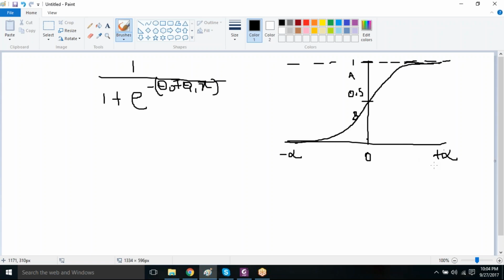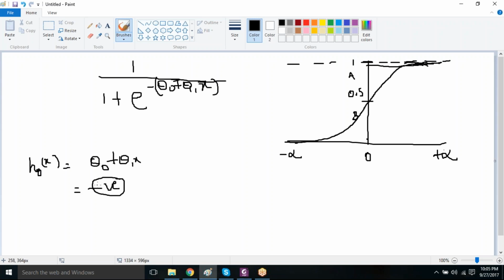Now I said if you have a very big positive number, on this graph it will lie somewhere here, so it will be equal to 1. I have also shown you mathematically how it comes to 1, right? Now just check for when your theta naught plus theta 1x comes out to be a huge negative number.